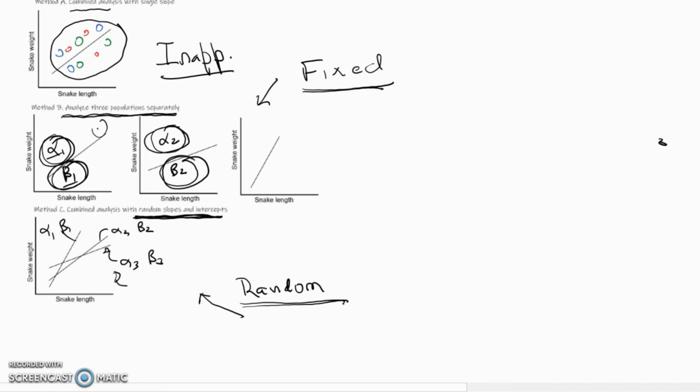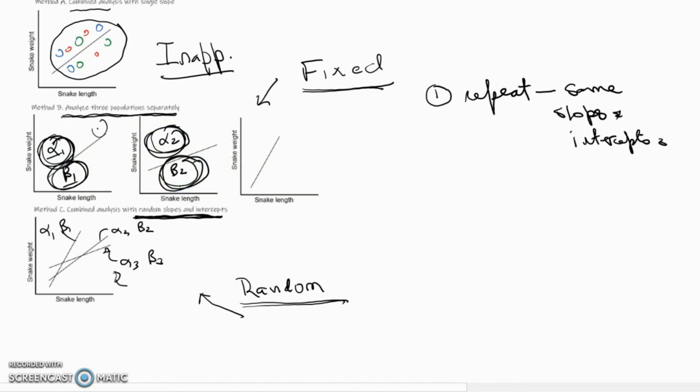But one thing is that if we were to repeat this experiment with fixed slopes and intercepts, we get the same slopes and intercepts, because I'm going to choose what alpha 1 and alpha 2 and beta 2, etc. are. I'm going to choose those. So if I were to do this over again, I'd probably choose the same values.